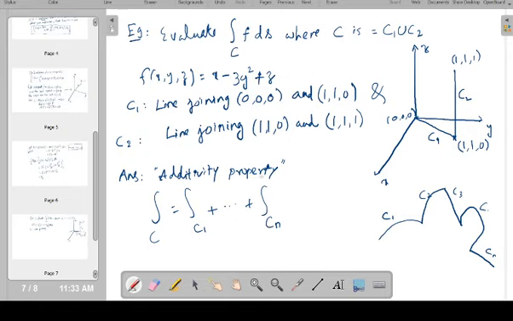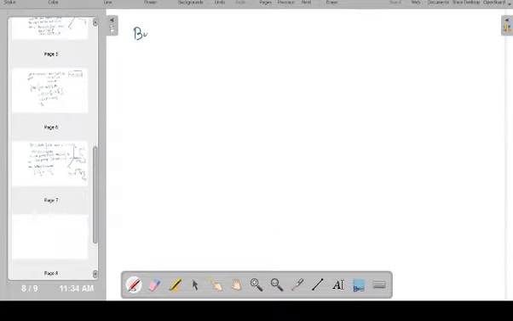So this is the additivity property. We will apply that here, and I can write integral over C, C is this union this, C1 union C2. So by additivity property, integral over C equal to integral over C1 plus integral over C2.